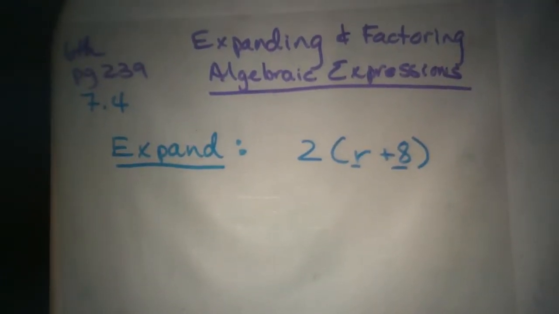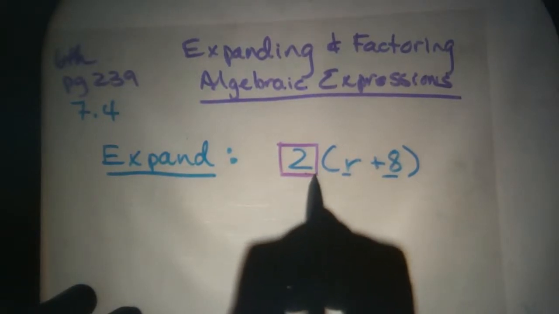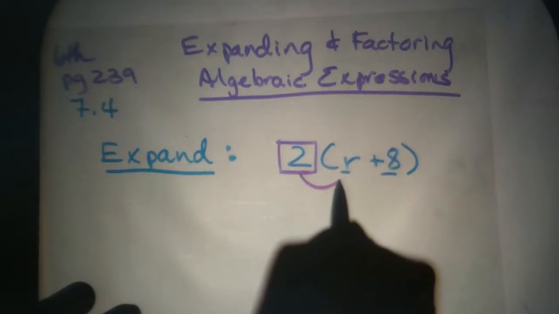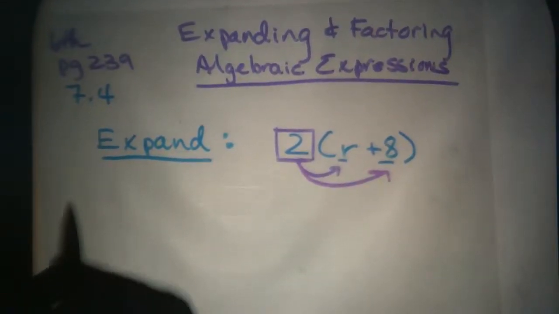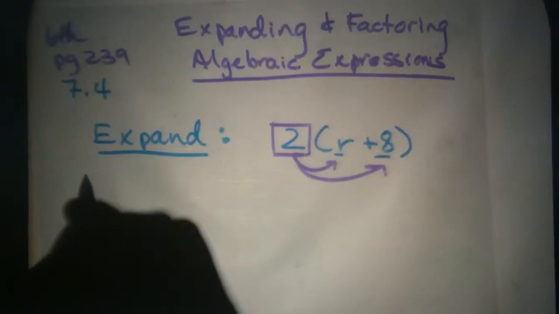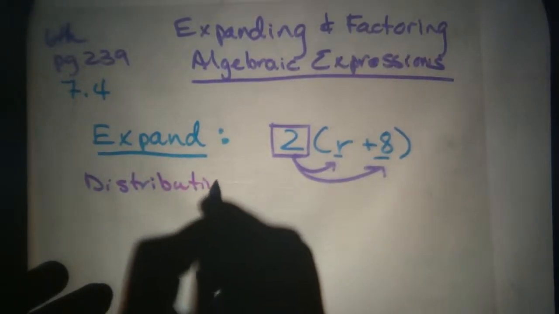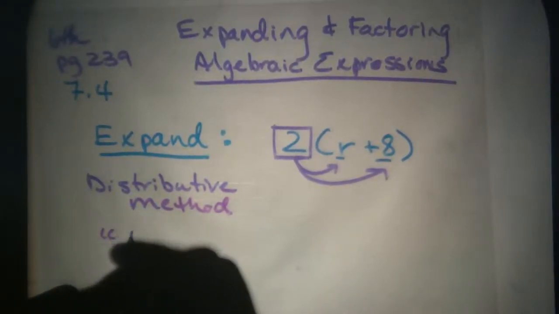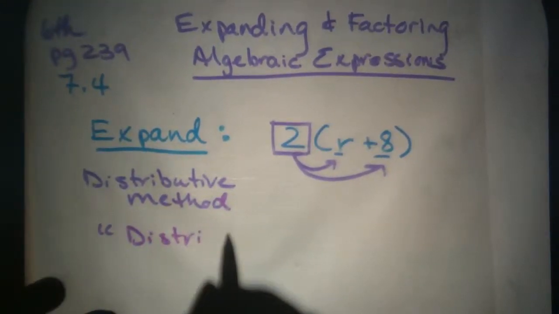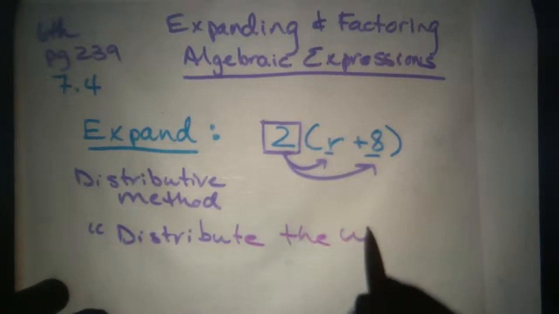In this case, we're going to combine the term on the outside of the parentheses with whatever is in the inside of the parentheses. This is called the distributive method. And I use the term distribute the wealth.